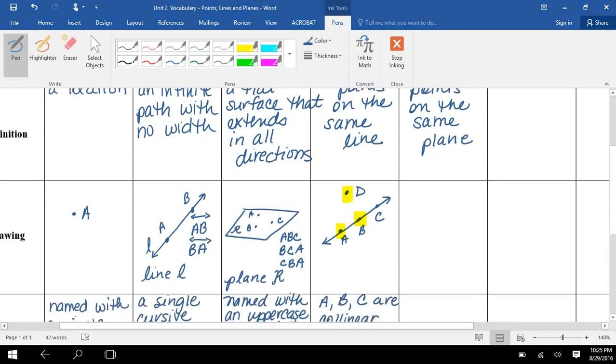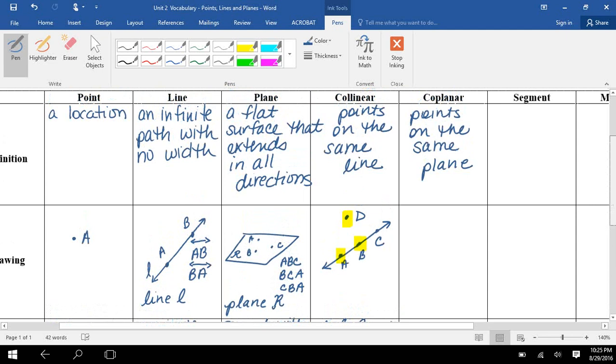So basically, for points to be on the same plane, any 3 points are coplanar. So any 3 points I give you, like the ones from the previous picture, any 3 points are on the same plane. If you can make a triangle out of them, they're on the same plane.